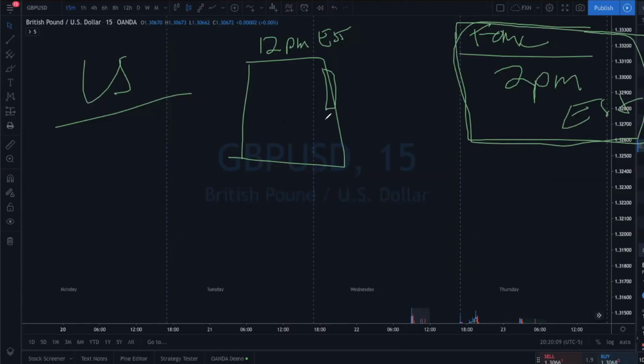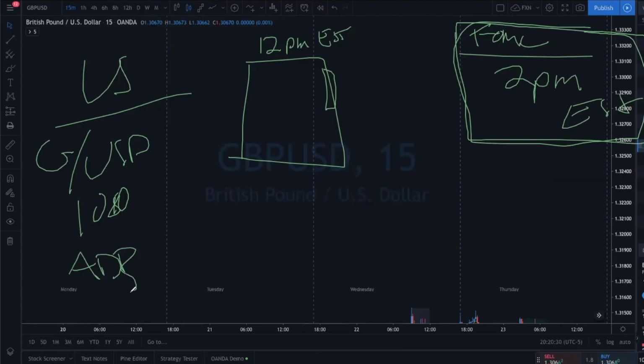If there's no movement at all, so like if you have an ADR on, let's say, pound USD, that ADR is about 108 or so. Let's call it 110. If it's 110 ADR and you've already moved for the day, let's say 95, 100 pips or so, you don't have very much room left.